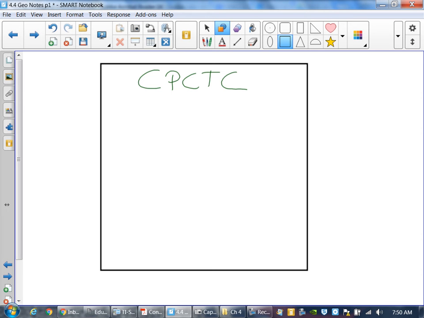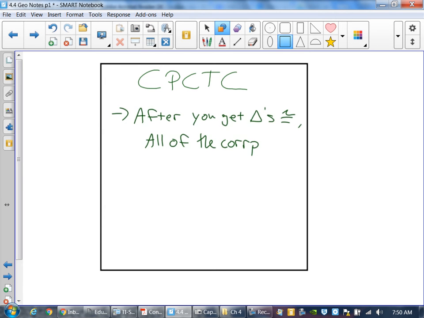So basically that means that after you get triangles congruent, all of the corresponding parts are congruent via that reason.